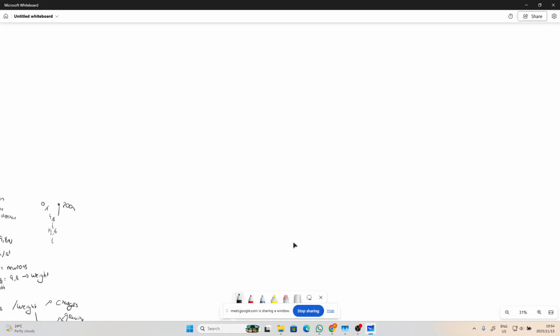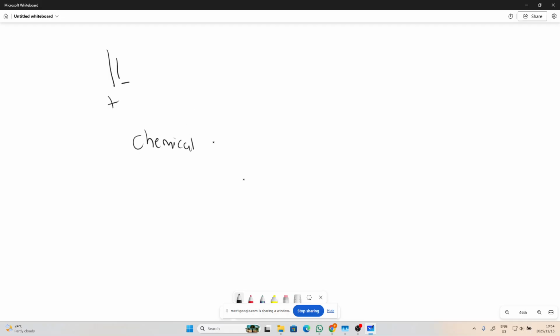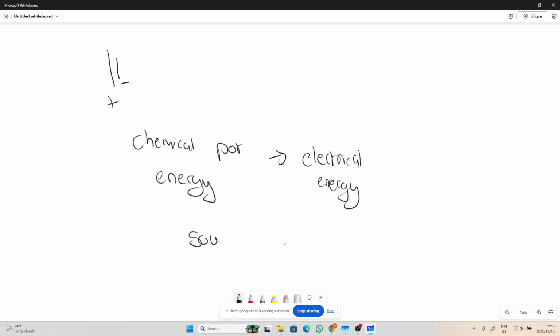Now, electricity in systems. When we look at a cell, simple. This is positive, this is negative. This is chemical potential energy to electrical energy. Simple concept. It's a source of energy. It stores energy.